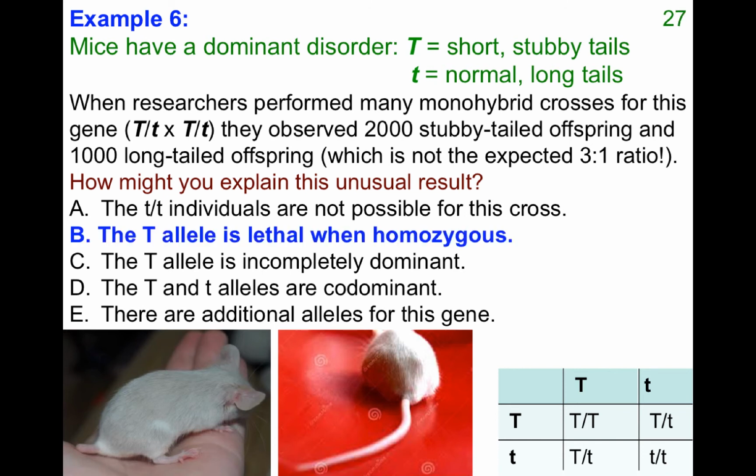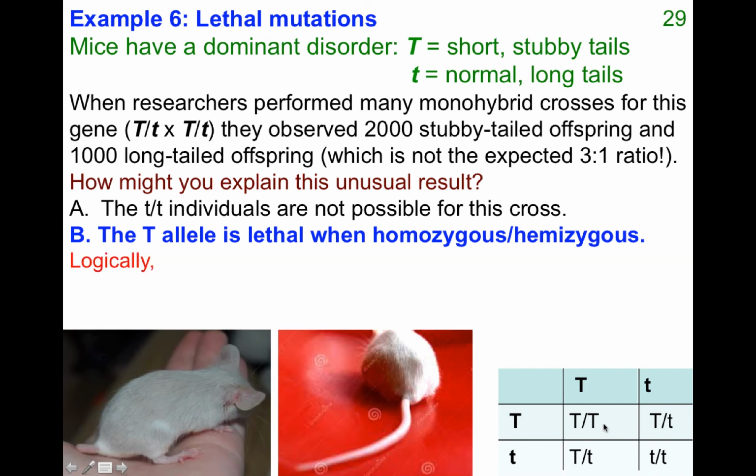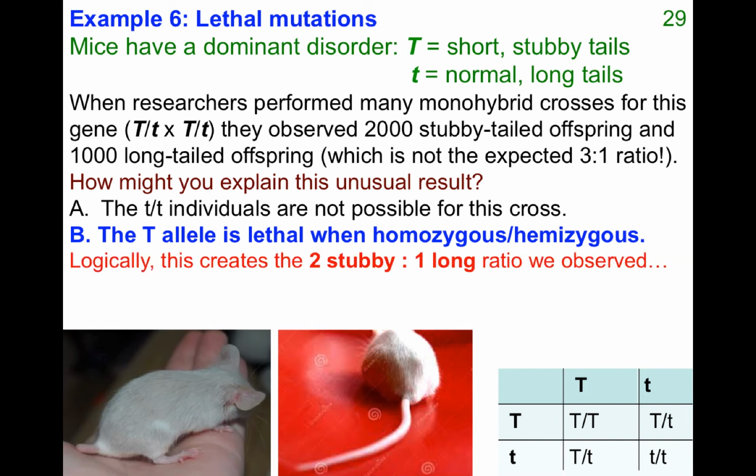Welcome back. The explanation that makes the most sense is B. If the big T allele is lethal, meaning that it makes the mice not able to survive whenever it's homozygous, that would explain the results. That would mean that all of the surviving big T individuals are heterozygous, and they would give you a 2-to-1 ratio.